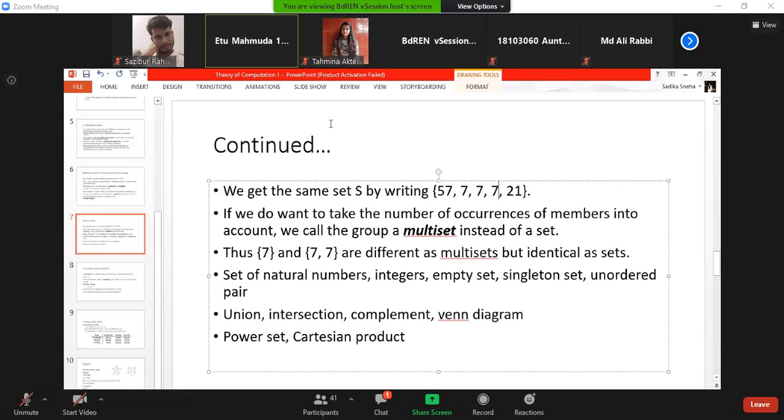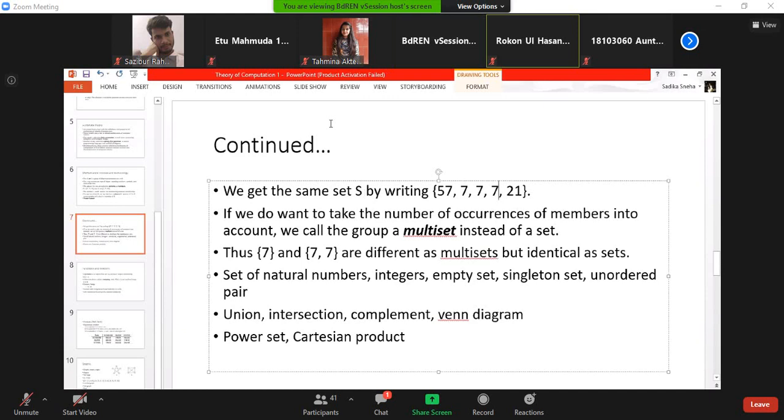Ma'am, it's just one. We have never used the same item multiple times in a single set, isn't it?